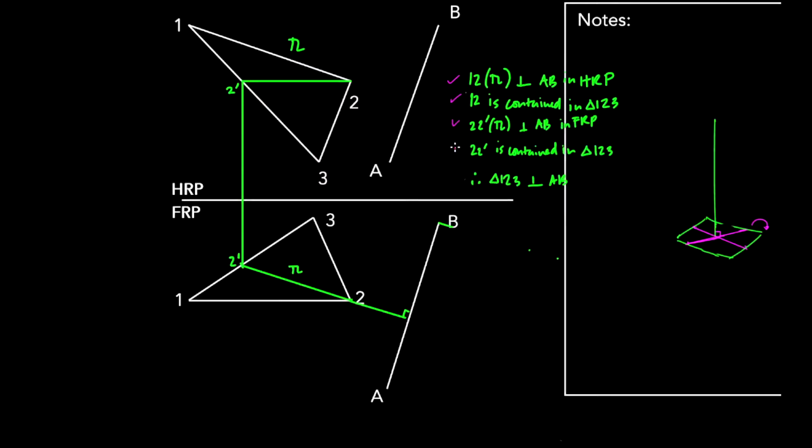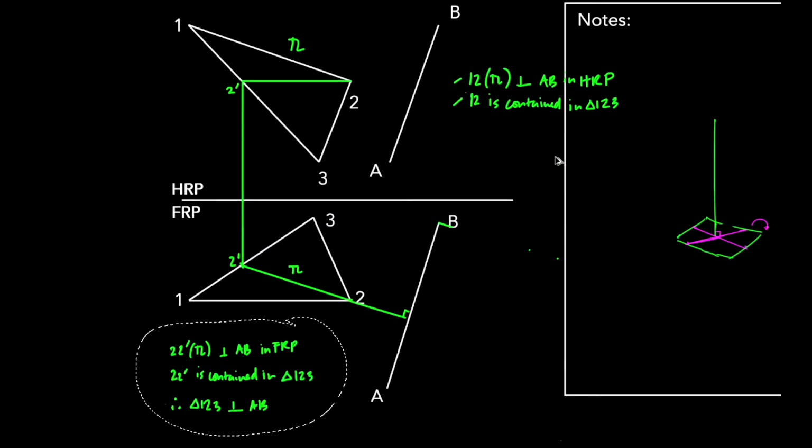So the first proof is si 1, 2 which is in TL is perpendicular to AB. Therefore, si 1, 2 is truly perpendicular to AB. Pwede actually, pwedeng ganyan yung state or another way of stating it, mas maganda ata kung ganito yung siya state.